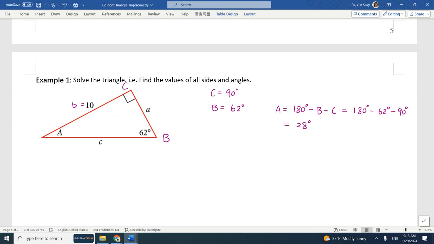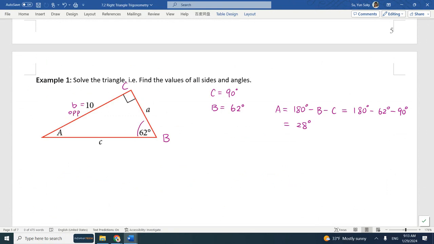Okay, let's focus on the 62 degrees. We know this side. What's the relation between this side and this angle? Is it opposite, adjacent, or hypotenuse? Opposite. Yes. So we focus on this angle, then this is the opposite.